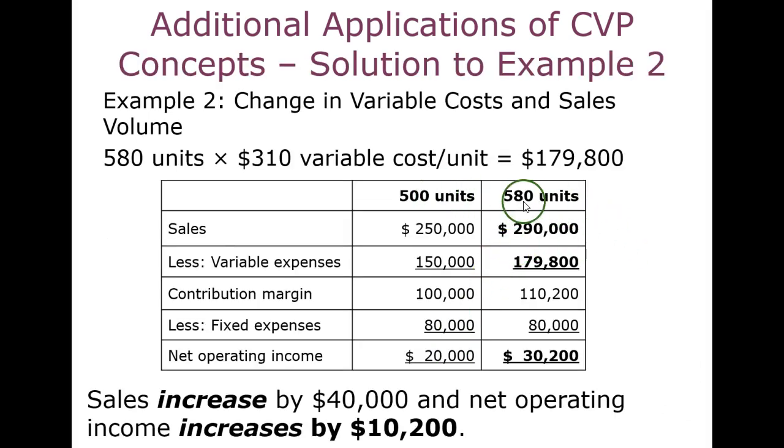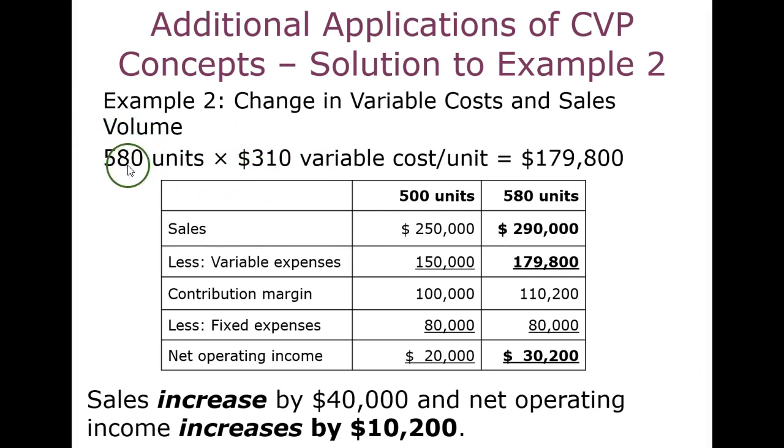We bumped up sales 80 units. The revenue jumps from 250 to 290. Your variable expenses, remember, we bumped up by $10 per unit. Back in the very first part, when we introduced the RBC company, the variable cost per unit was $300. Now it's $310.